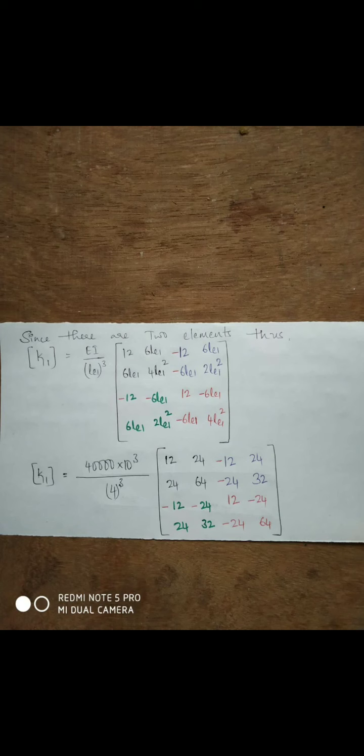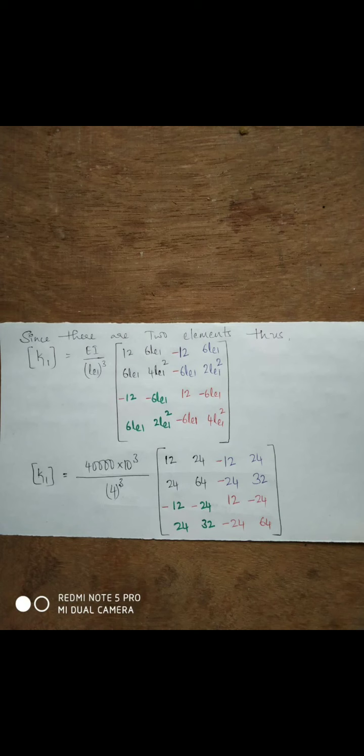Since the length of the first element E1 is 4 meter, in this particular expression, you substitute the value of LE1 within the bracket as well as outside the bracket as 4 meters. That is, LE1 is equal to 4.